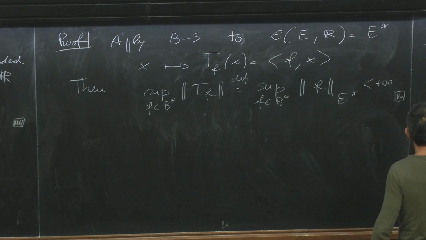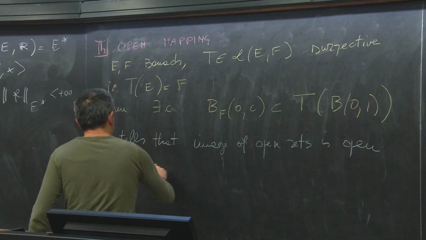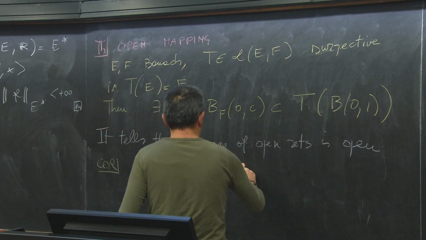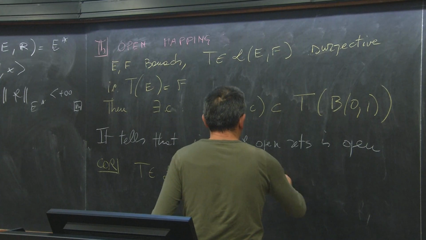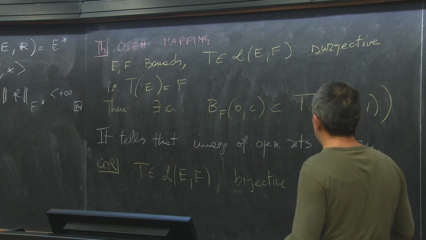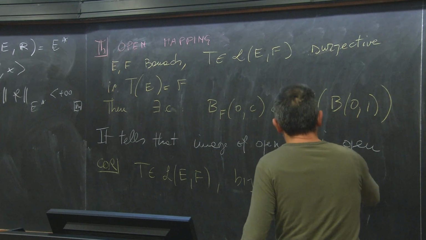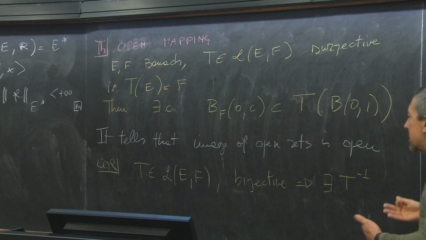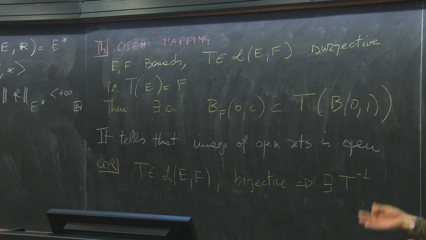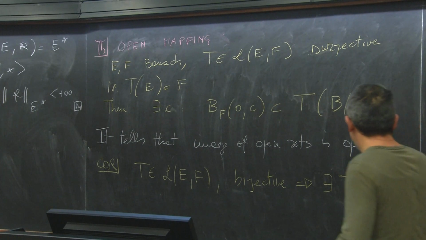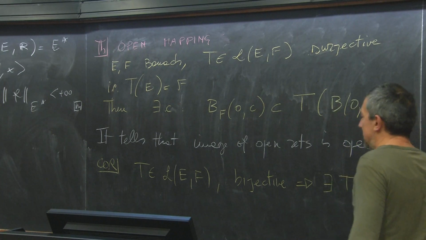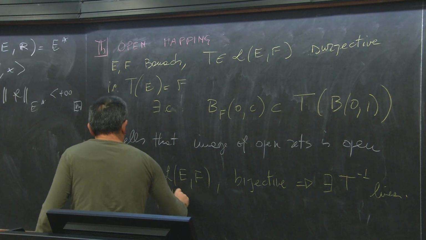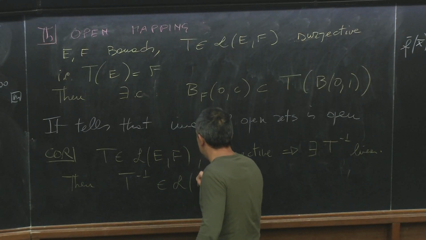Corollary: T from E to F bijective, which means that T is surjective. So there exists T to the minus 1, which certainly is linear, but I don't know if it is bounded. Then T minus 1 is bounded.